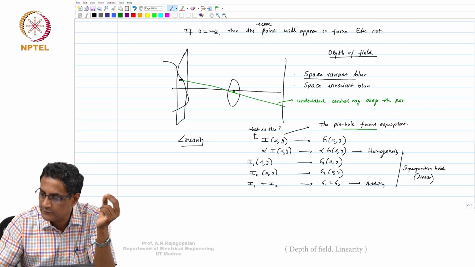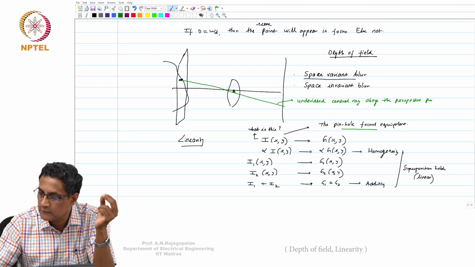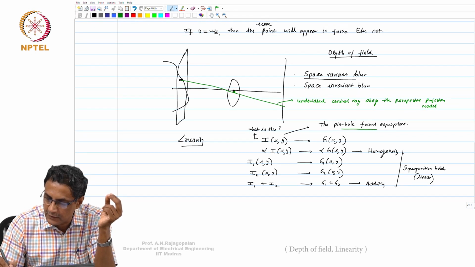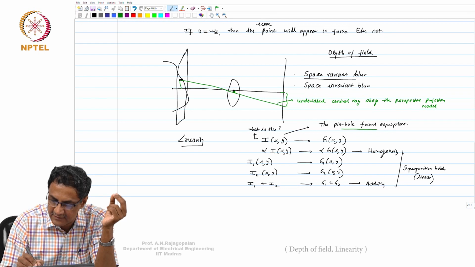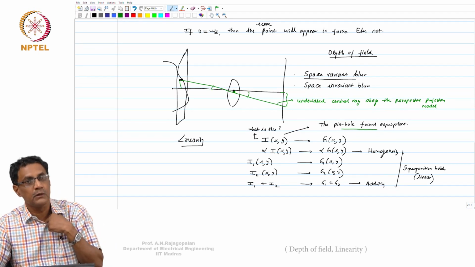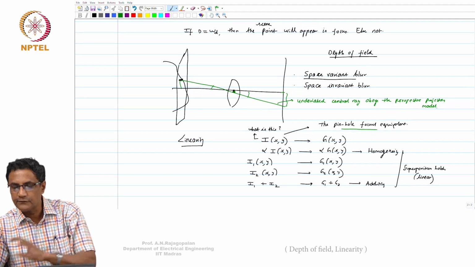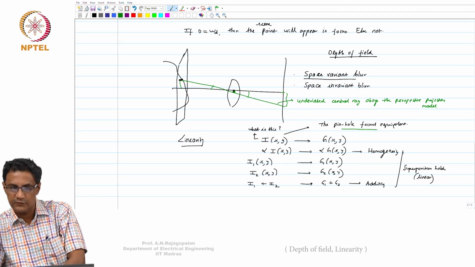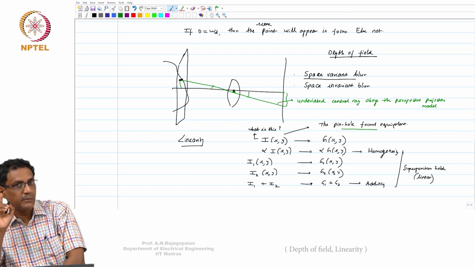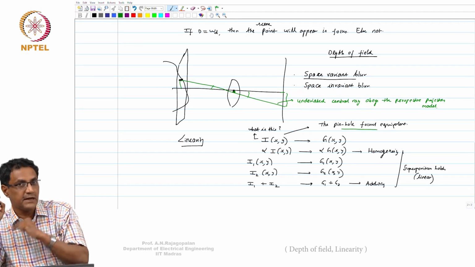The perspective projection model. See, for example, if you think of where this is hitting the image plane, this angle is equal to this, and whatever we did with respect to the pinhole, that kind of a perspective projection model, this ray obeys, because it goes totally undeviated.